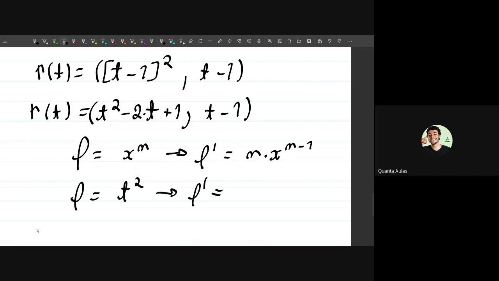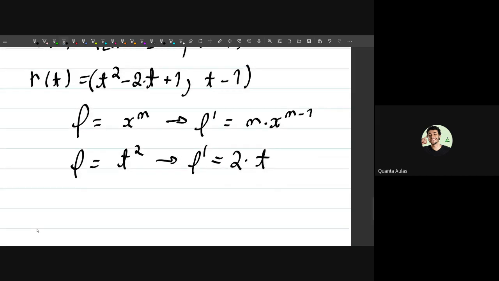So when you do the derivative, the 2 goes down, and you have t to the power of 2 minus 1. 2 minus 1 is 1, so we have t to the power of 1. But when we have 1 in the exponent, we don't need to write it. It's just 2 times t.